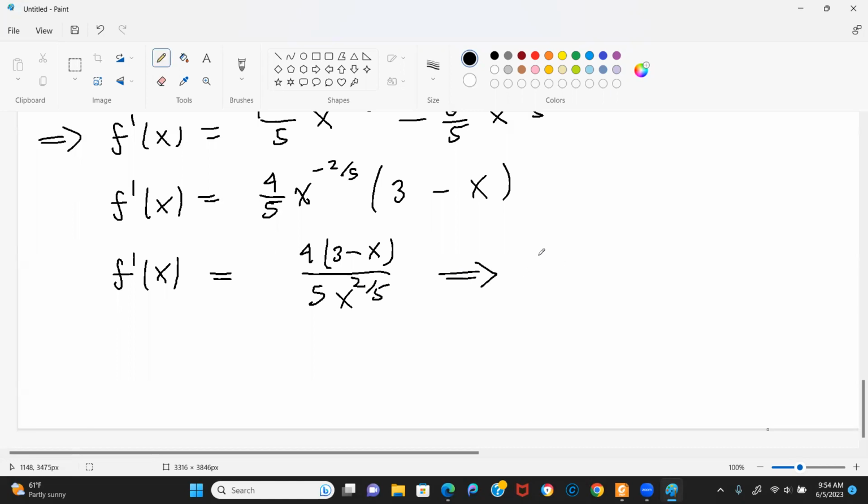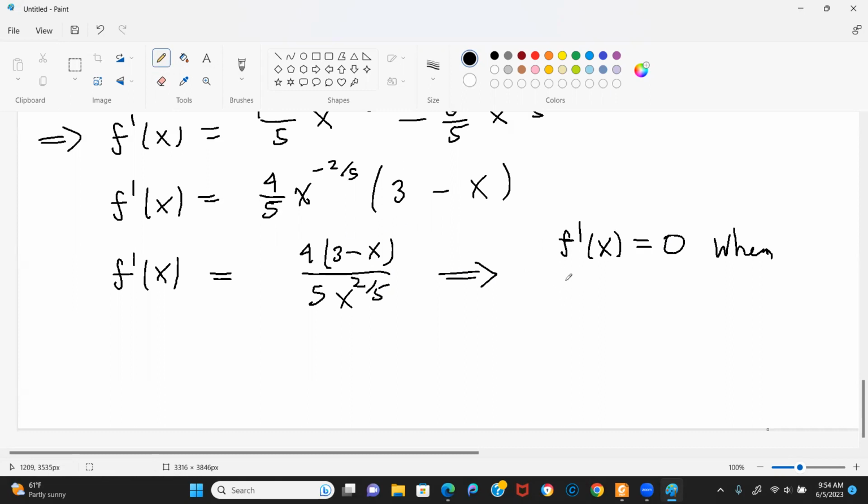So first of all, when is this 0? f prime of x is 0 when the numerator is 0.